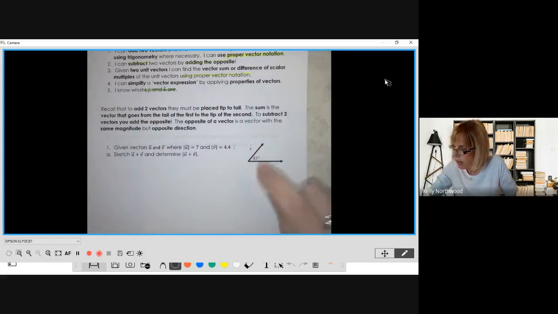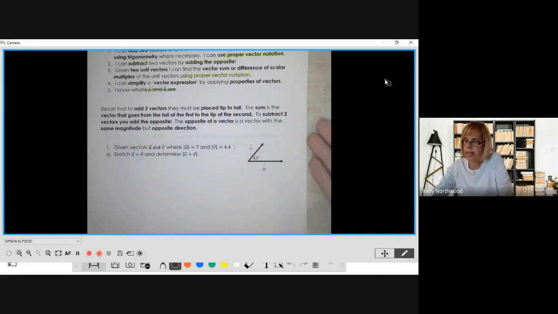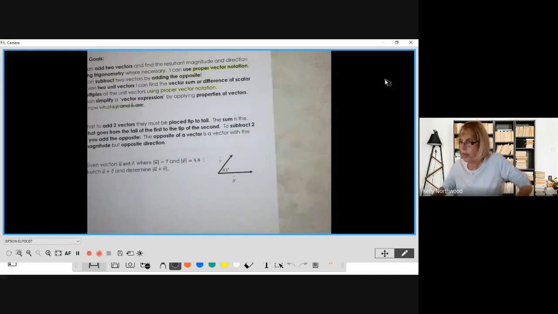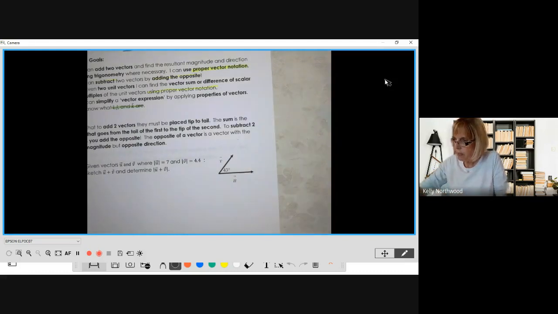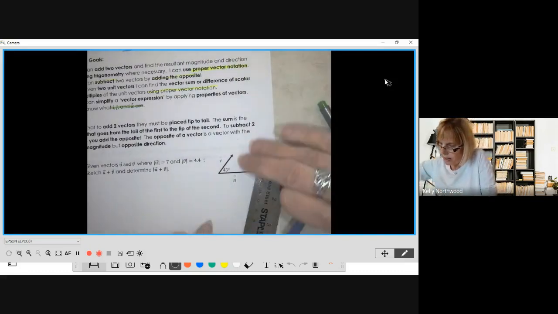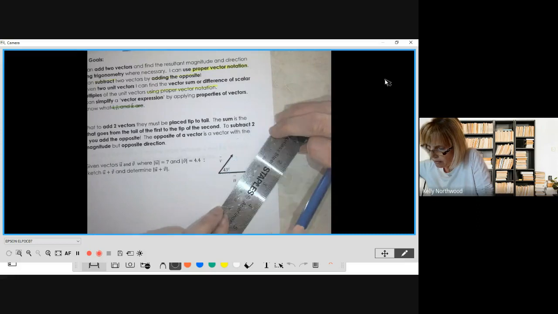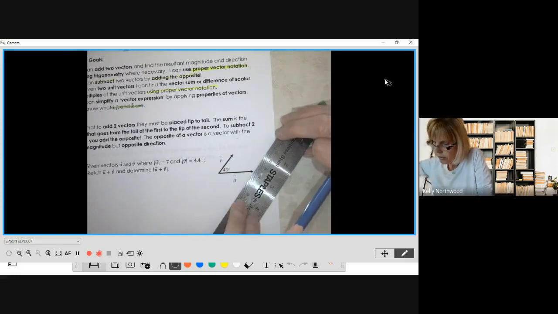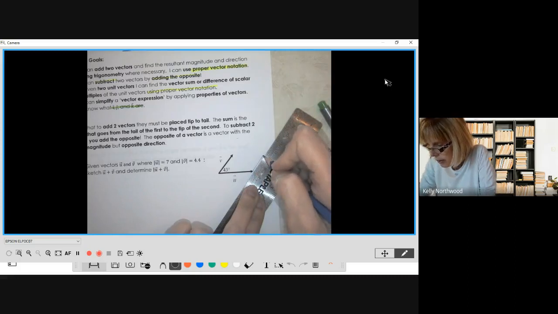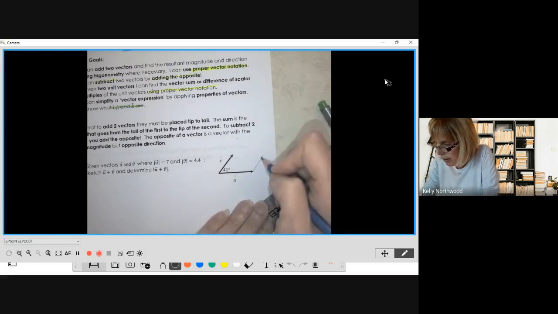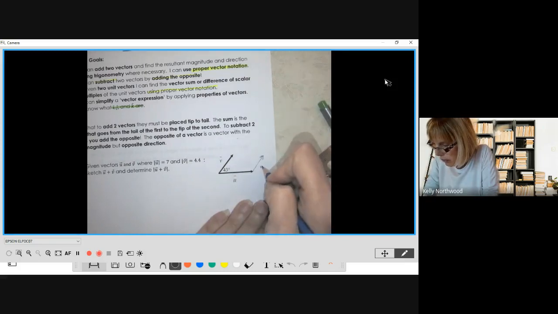So if you see, we've got vector u and vector v tail to tail, and the angle between them is 43 degrees. But when we add them, we have to add them tip to tail. So I'm going to move vector v so that it's at the tip of vector u. I'm going to try to make it look parallel and the same length. And it's just vector v still, so I'm going to label it vector v.